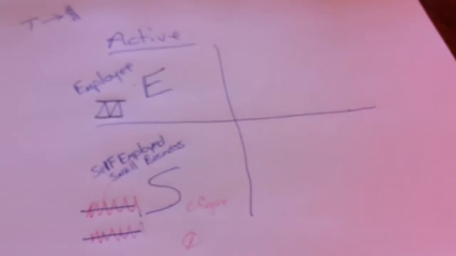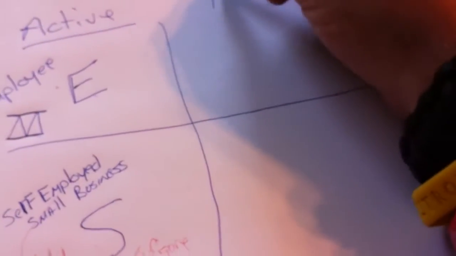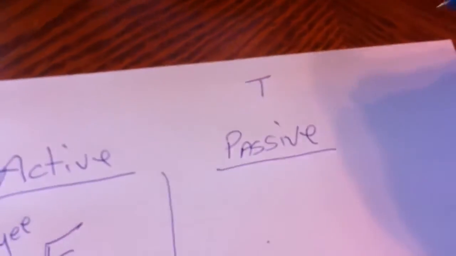Now, if you notice, we're only halfway done with the equation. The other side is what's known as passive income. Basically, passive income means that you don't get out of time. Every minute of your life is time consuming.